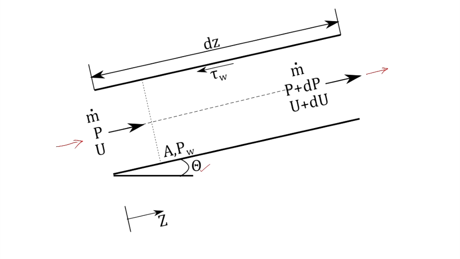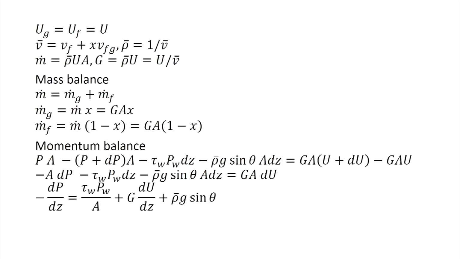The cross sectional area is A, and the wetted perimeter is denoted by Pw. The wall shear stress is tau w. So, Ug and Uf both are assumed to be the same and denoted by u.